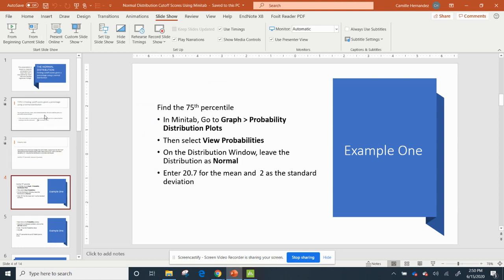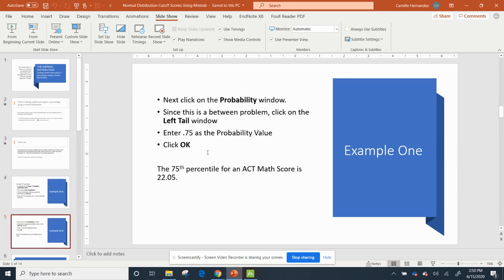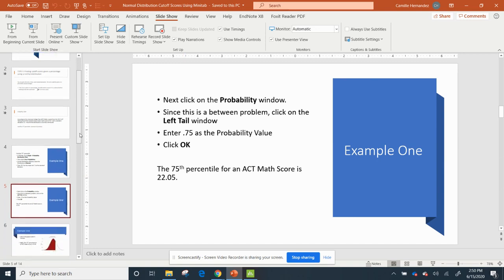So that is my answer. The 75th percentile for the ACT math score is 22.05. That means that's the score that divides the data into 75% on one side and 25% on the other. So that's how we did that.